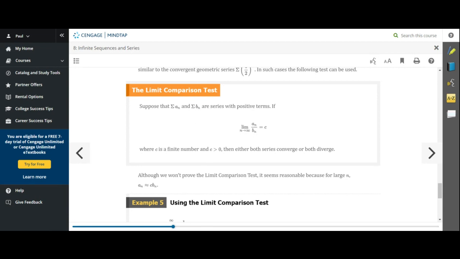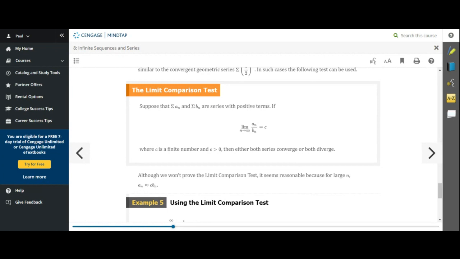Okay, and it's reasonable because what this statement means is that when n is large, the terms of the one series are going to be approximately that constant c times the terms of the other series. In other words, the terms of the one series are going to be approximately a multiple of the terms of the other series.